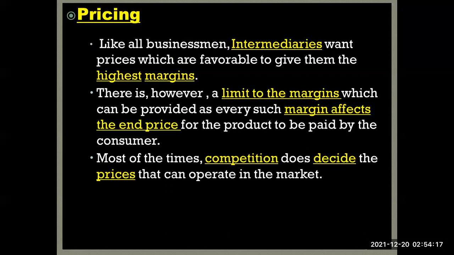So it is not possible to give more commission to the wholesaler and retailer, and we should also reduce the margin and sell the product at a cheap price. If we do so, then the company's profit margin will be very less, or the company may incur losses. So that's why we have to take care of the pricing strategy very carefully.